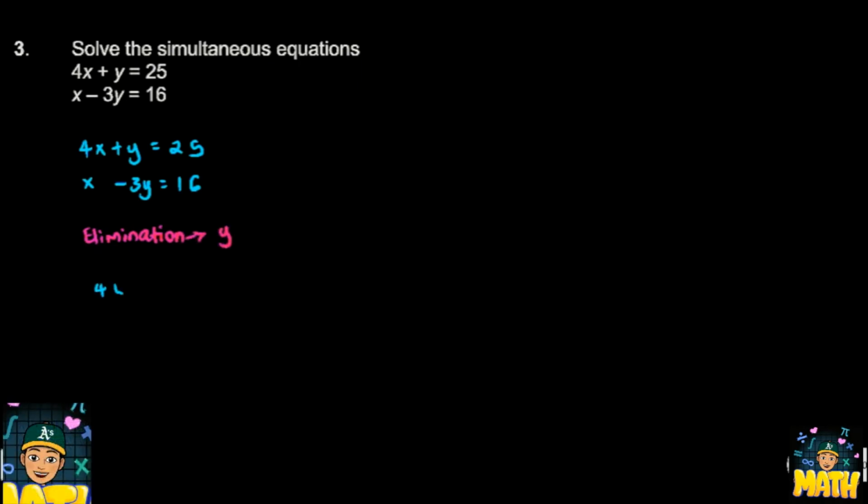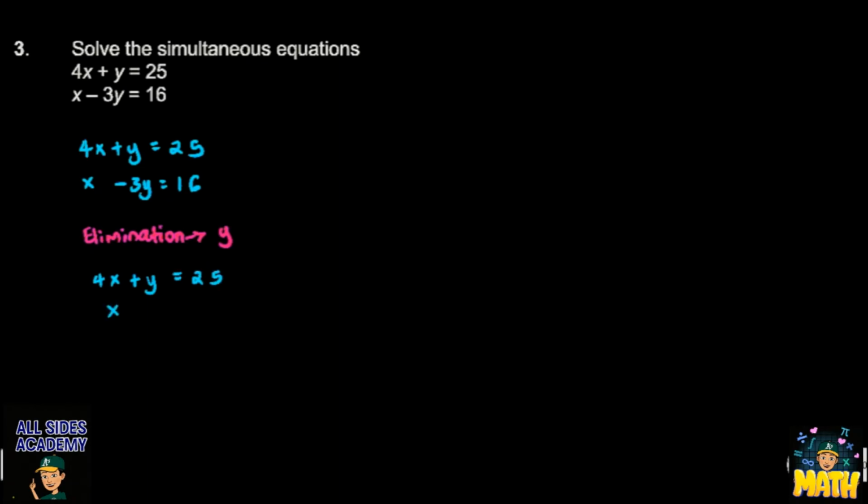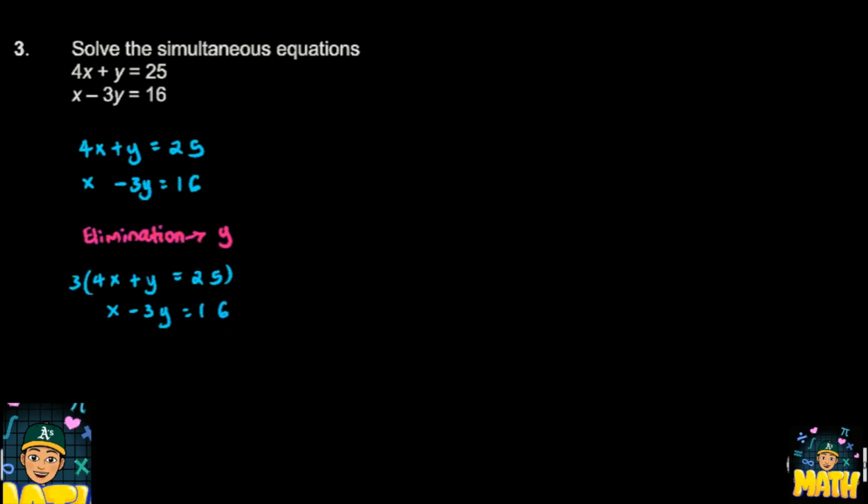You can either eliminate the first letter or the second letter. The choice is yours. So I want the coefficients of y to be the same. So I will rewrite that for the two equations and then multiply by the 3 in the first equation, because the second equation already has the 3.